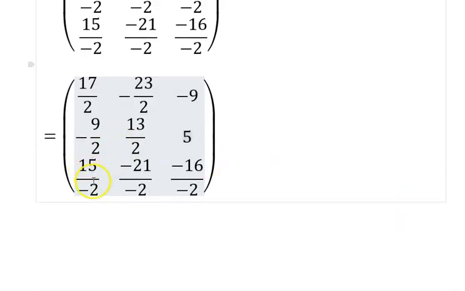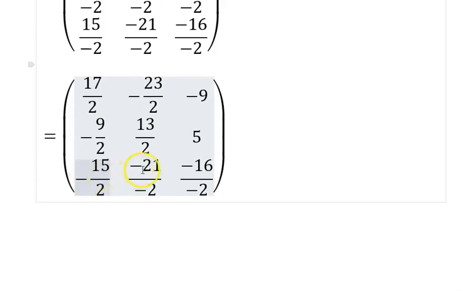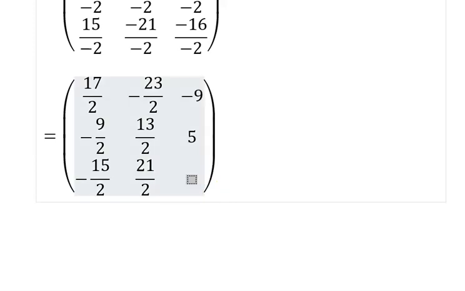Here 15 divided by 2, so just put our minus here. Here minus will cancel minus, so we'll be left with 21 over 2. And here 16 divided by 2 will give us 8. Then minus will cancel minus, we'll be left with 8. Beautiful. So this is our final answer.